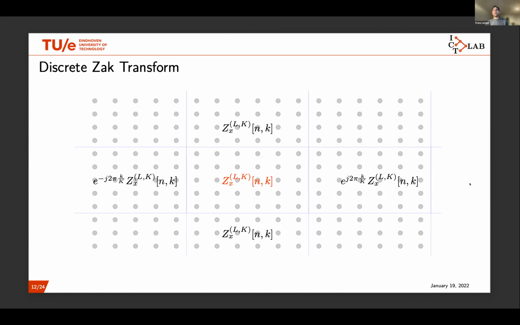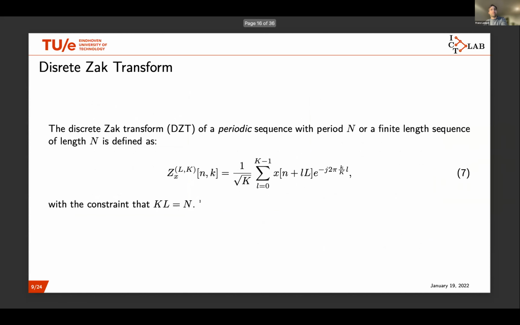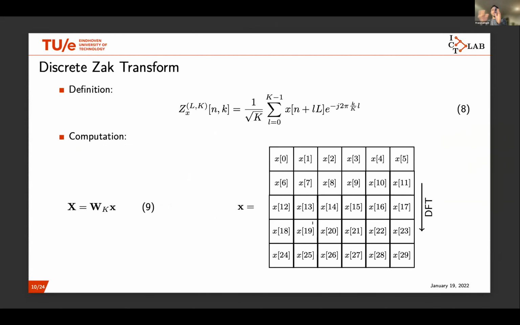Here on the x-axis we have the index n, and on the y-axis we have the index k. And what I missed before, because there was a jump in the slides, I'm sorry for that, is that we always have the constraint that K and L, the parameters we choose here, have to multiply to the length of the sequence, or the period of the sequence, because this guarantees that we can always arrange the sequence in such a matrix.